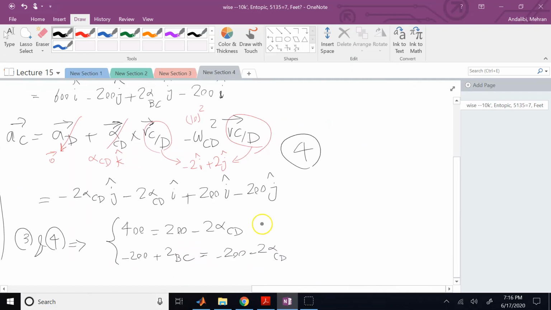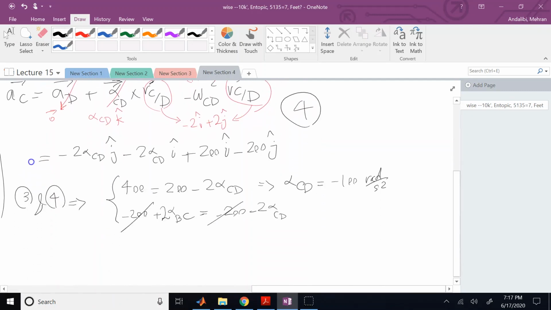So now if you solve this, clearly alpha CD is going to turn out negative 100 radians per second squared. And here, this should be alpha BC times positive 2, right? Which you had up there.